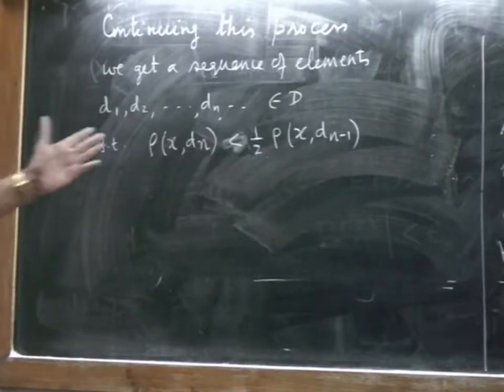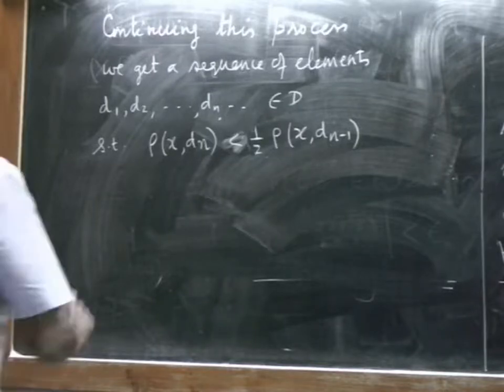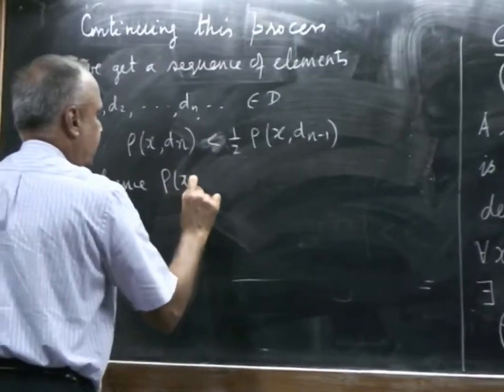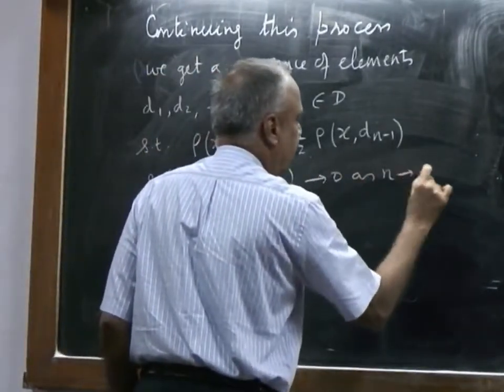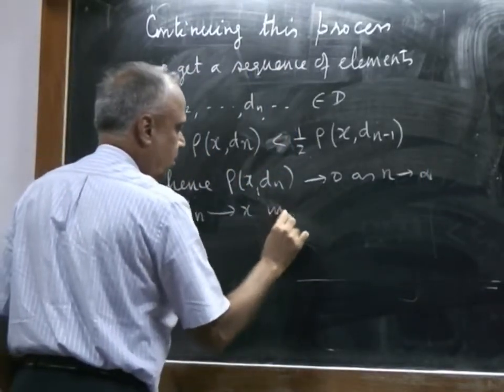So therefore, every time it is getting halved, less than halved in fact, therefore the distance is going to go to 0, and hence rho(x, dn) tends to 0 as n tends to infinity, and therefore dn tends to x.